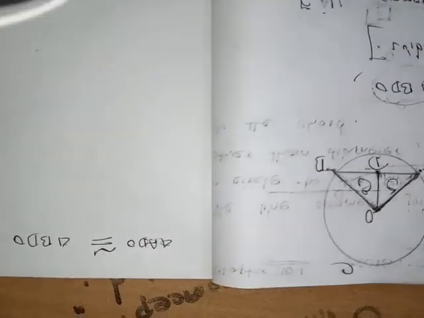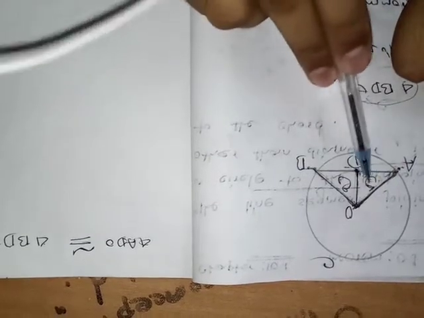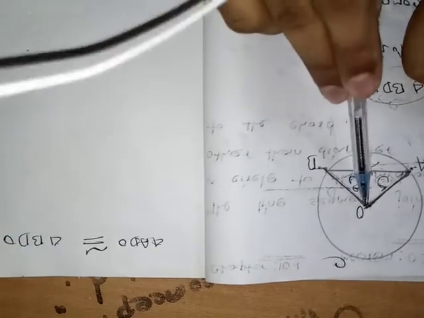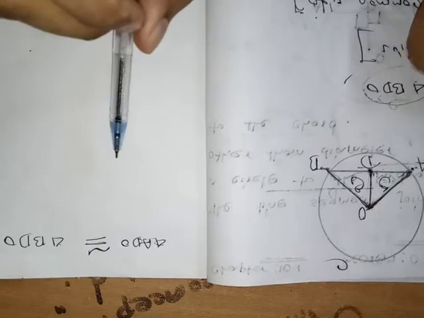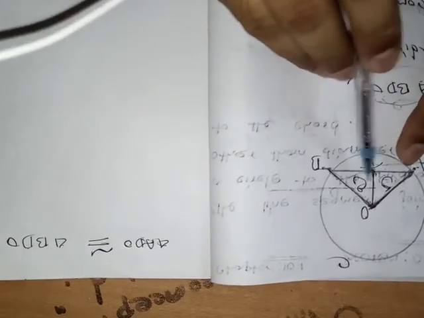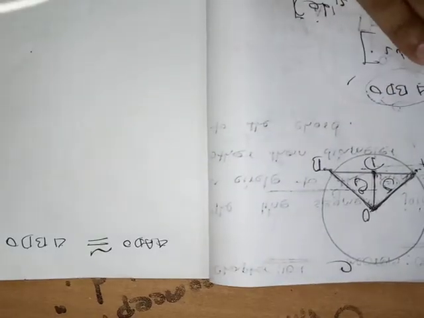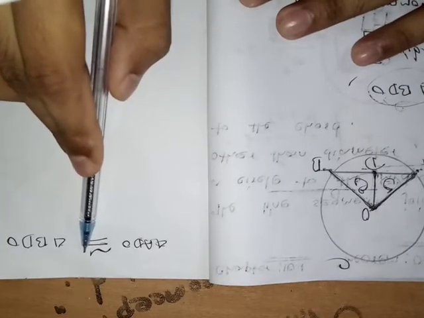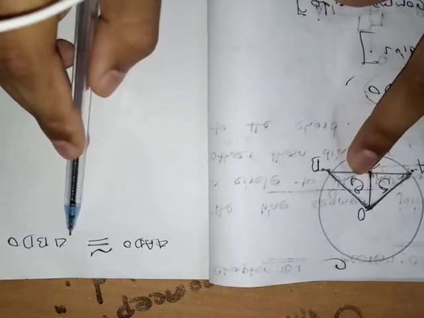Since in our theorem we have proved that triangle ADO and triangle BDO are congruent to each other, their angles are also equal.